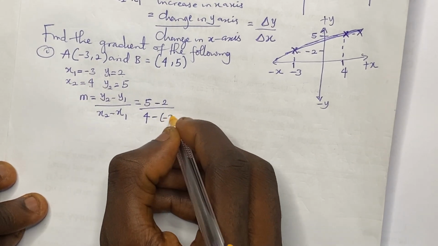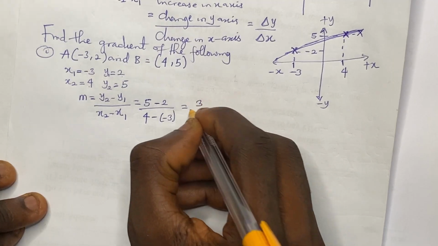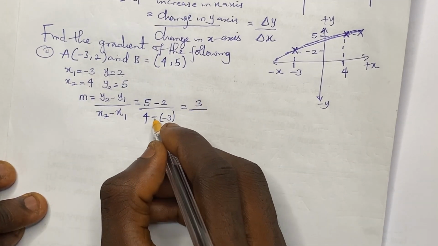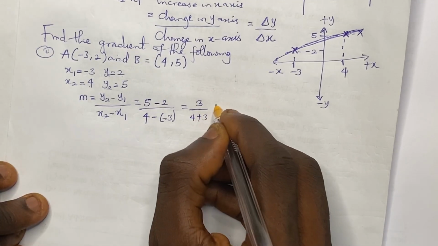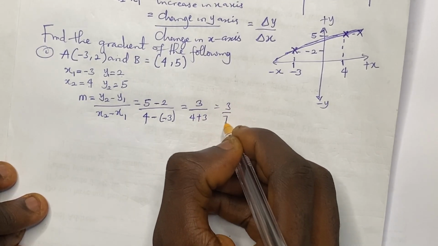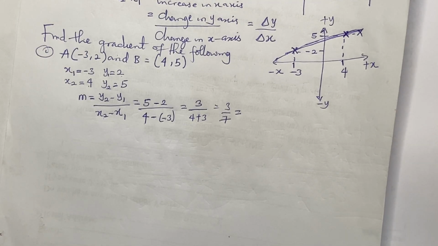So that will give us 5 minus 2 is 3, over 4 minus and minus plus, so that's 4 plus 3, and that's 3 over 7.